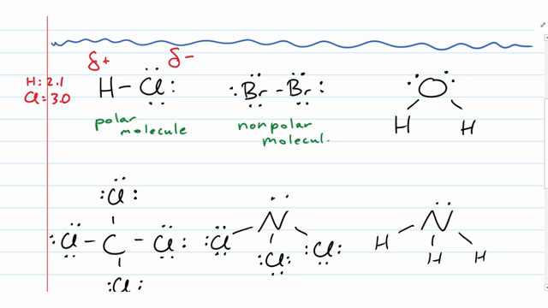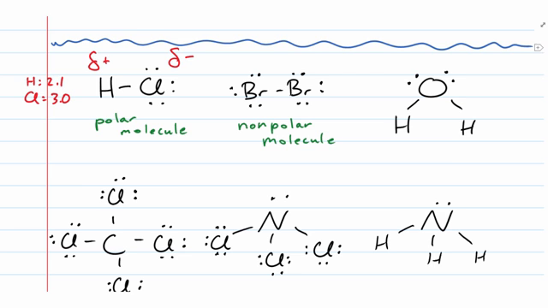We cannot put any partial positives and partial negatives in here again because these two atoms will share electrons equally. So it's an equal sharing. We don't even need to look up the electronegativity values because two like atoms bonded together will always share electrons equally.